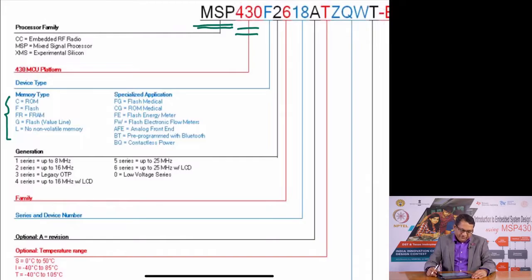So, if it is F, that means it is flash. If it is G, then also it is flash. If it is FR, that means the microcontroller would have FRAM memory, and so on. And then the next two digits tell you what kind of frequency of operation it offers, and so on.